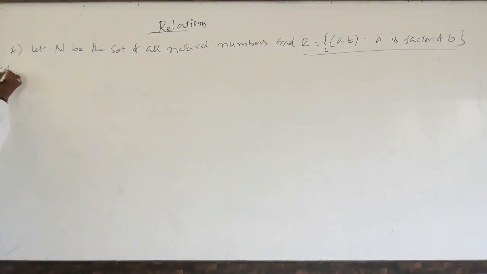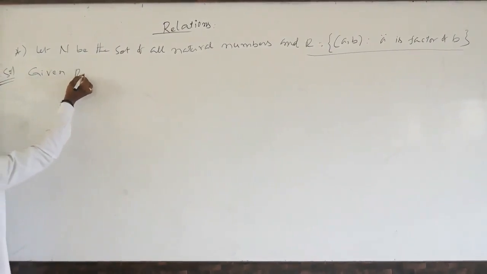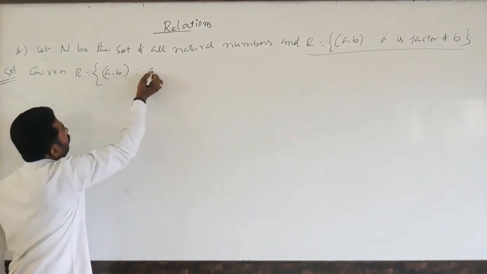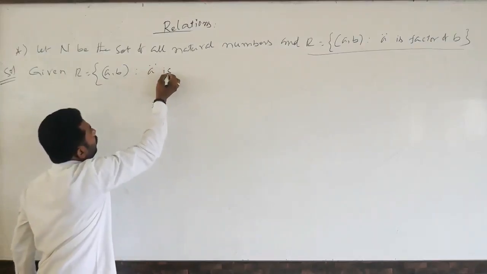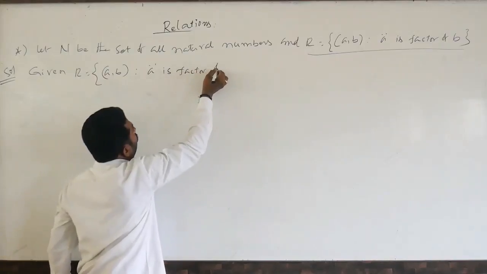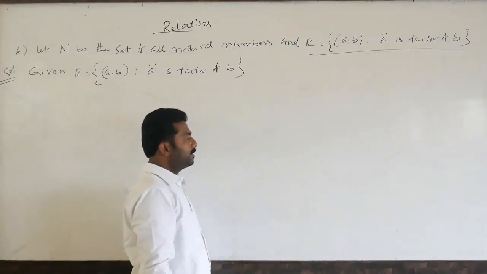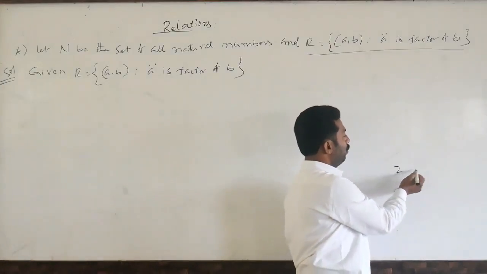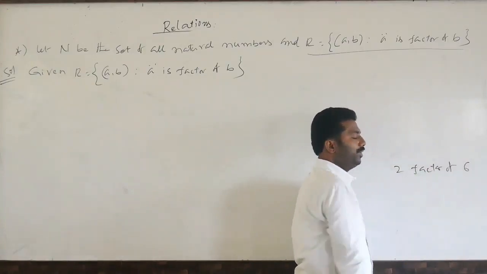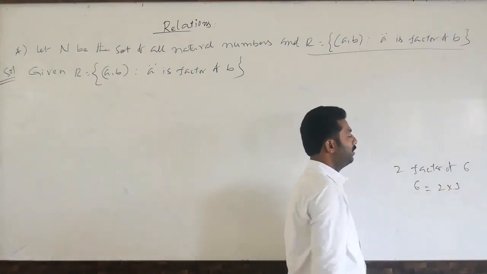See, what is the given relation? Capital R equals the set of ordered pairs A comma B such that A is a factor of B. So generally A is a factor of B means, suppose 2 is a factor of 6, means 6 can be written as 2 into some integer, 3.